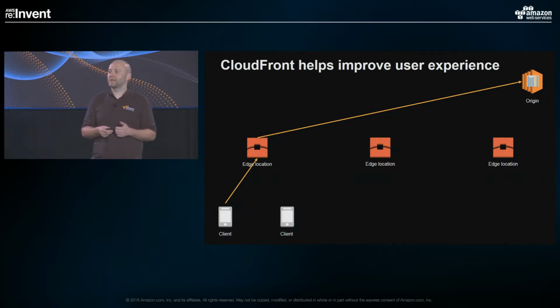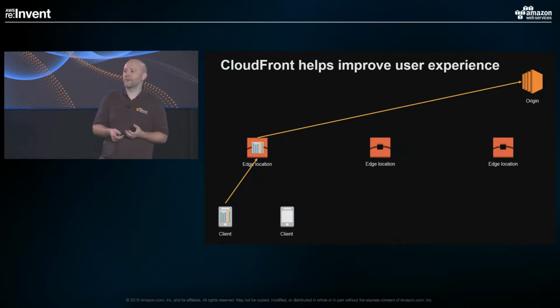Again, it's a three-way handshake, and it's going over a longer distance. But once we've established that connection, we'll persist that connection for as long as possible. So any more requests for that origin can reuse that connection. So we can then download that object into the Edge location, cache that content for future requests, and then deliver it to the end client.